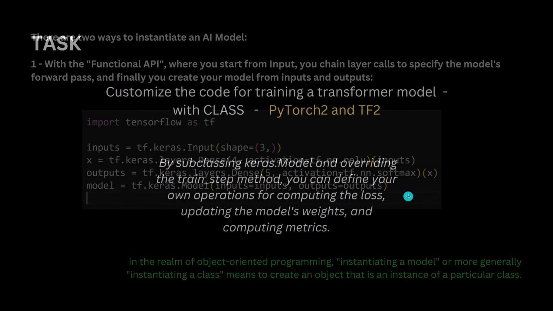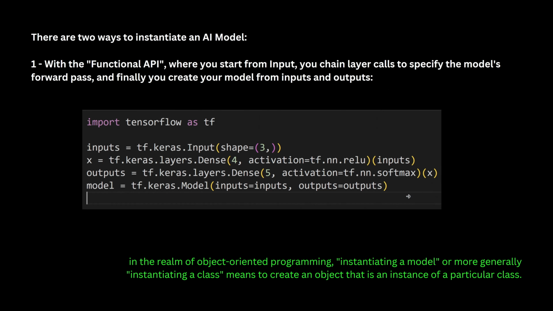While you do the task, I have a 12-year-old viewer called Ben down under in Australia who asked me, hey, can you give me from time to time the overview where we are? Ben, this is for you. There are two ways to instantiate an AI model. What is this?